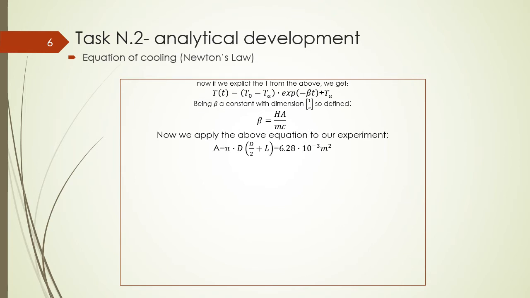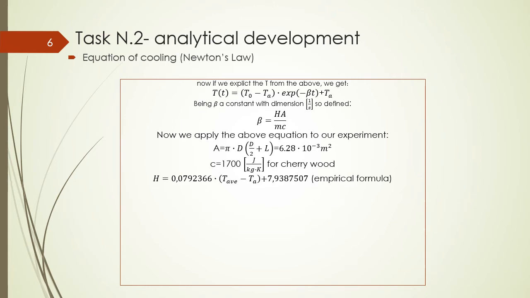If we apply the formula found to our experiment, we need to calculate the area of the wooden cylinder. Then we get C, the specific heat constant, from the literature. It's cherry wood. And the H, this convection and radiation together, is given by an empirical formula.